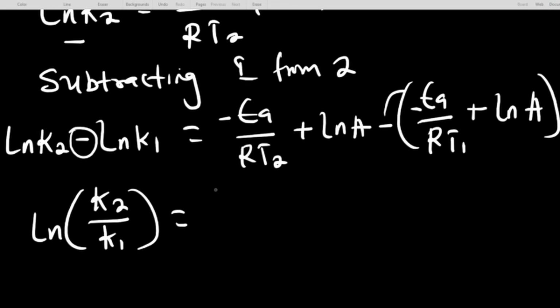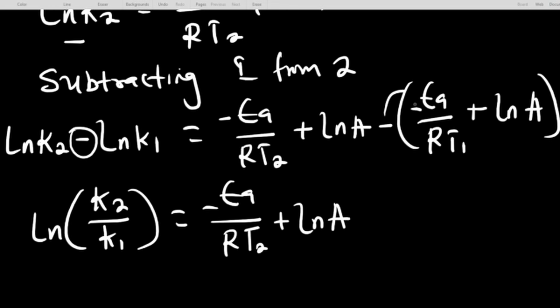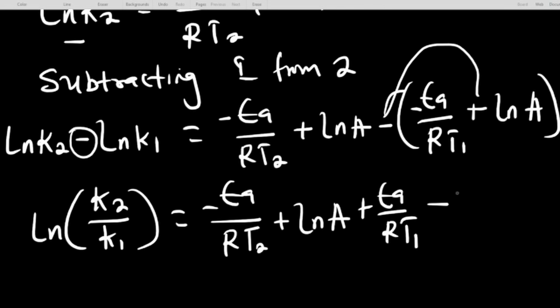Here we have negative EA over RT2, then plus ln A. So negative times a negative gives us a plus. Hence, we have plus EA over RT1, then negative times a plus gives us negative ln A.